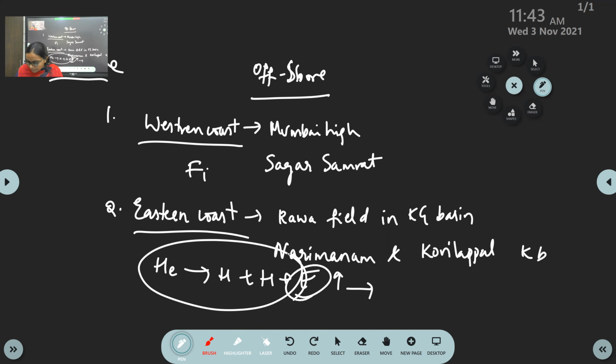So India lying in the tropical belt has an advantage of receiving peak solar radiation for 300 days. You can use this sentence. Okay.